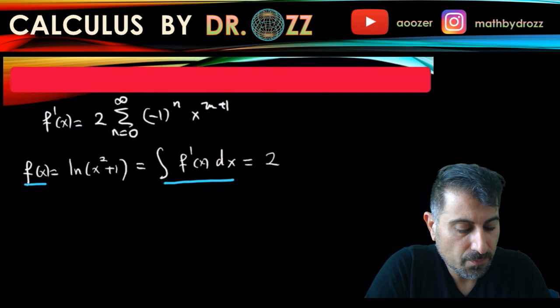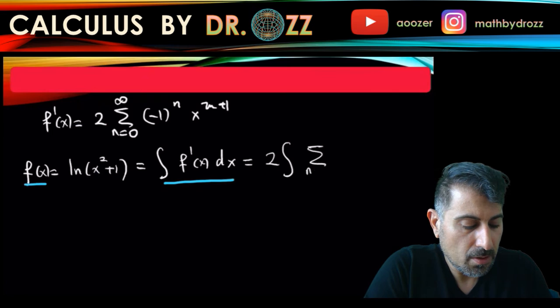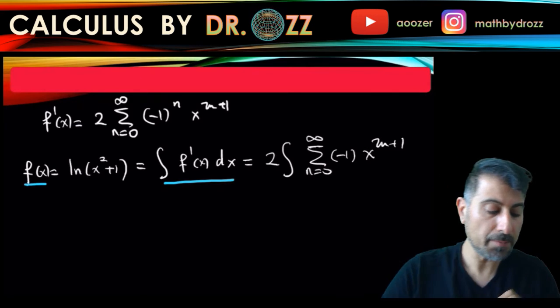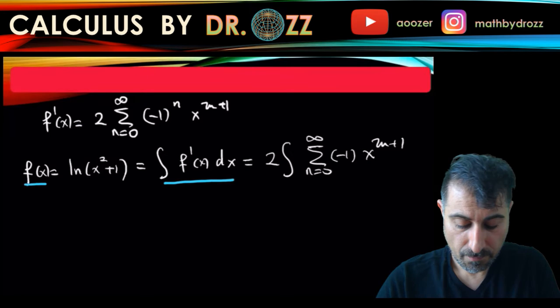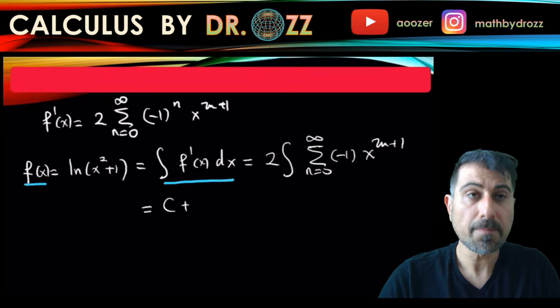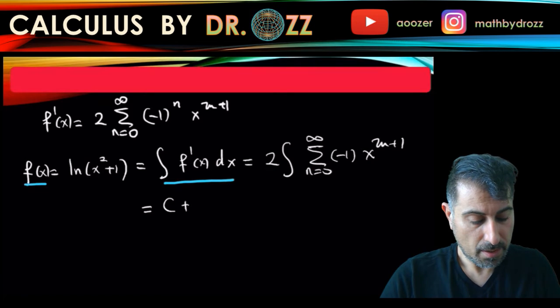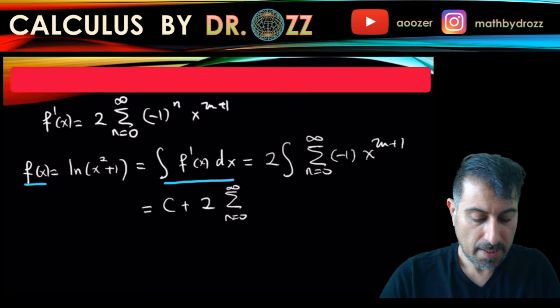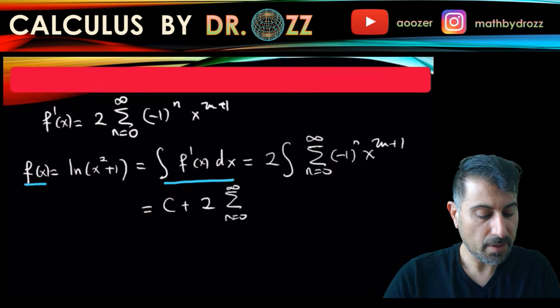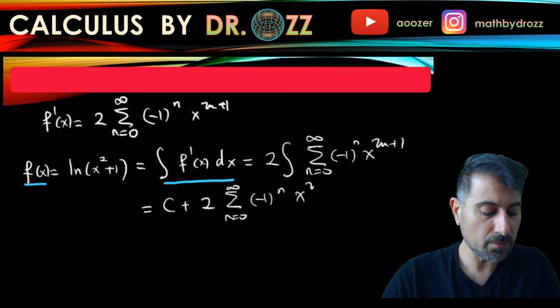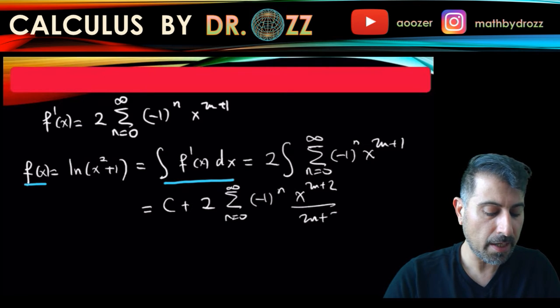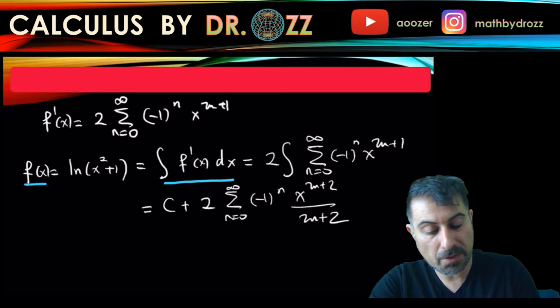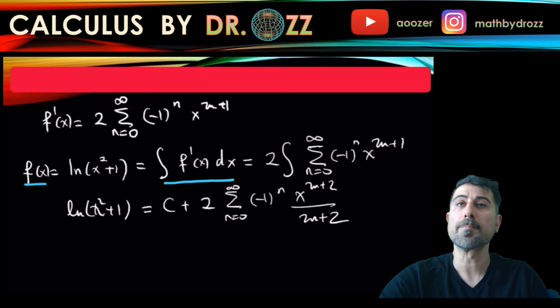This is 2 times the integral of the infinite series. I'm going to do term by term integration, and I'm going to add a constant here. And that is 2 times the sum of minus 1 to the power of n, x to the 2n plus 2 divided by 2n plus 2. So this should be equal to ln of x squared plus 1.